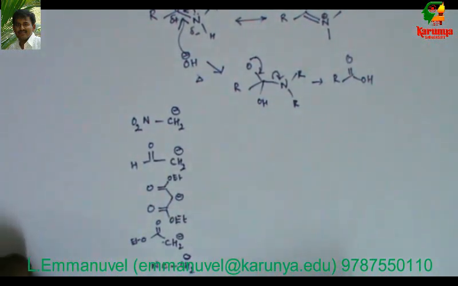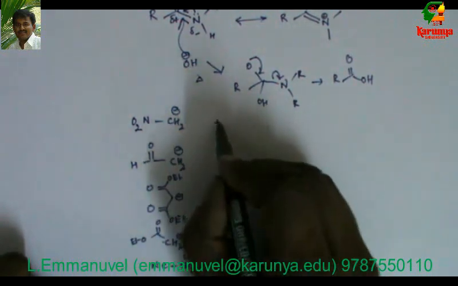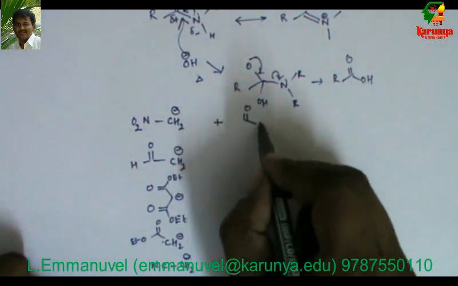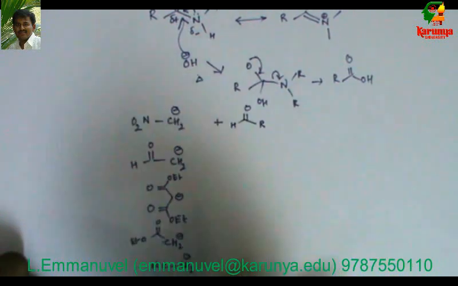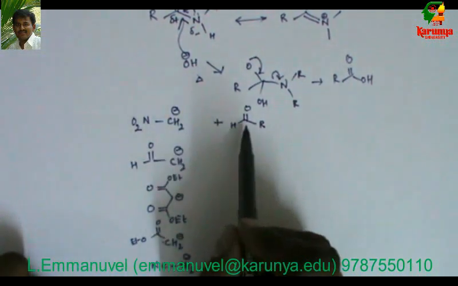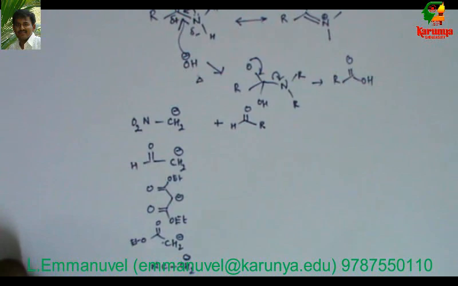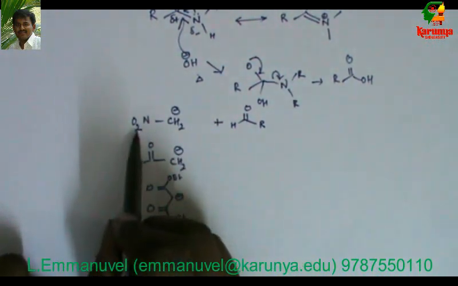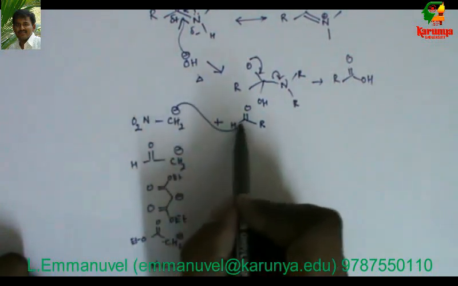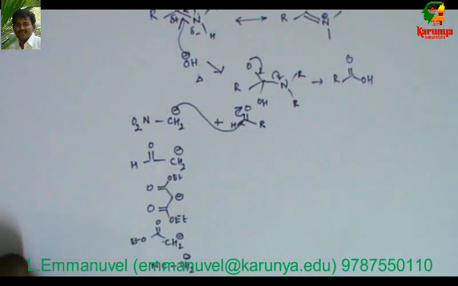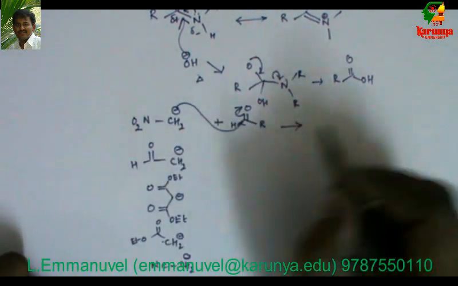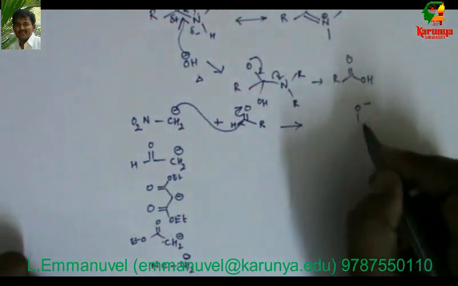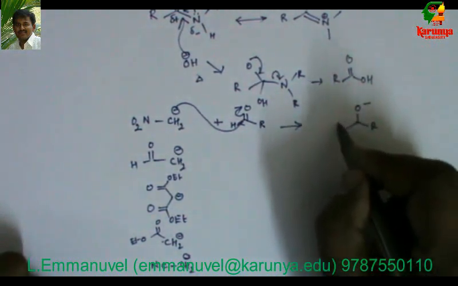Now, I go for some more carbanion, and I try to attack the aldehyde using that carbanion. Look at this carbanion, it is from nitromethane. So this can attack here to give the corresponding product.